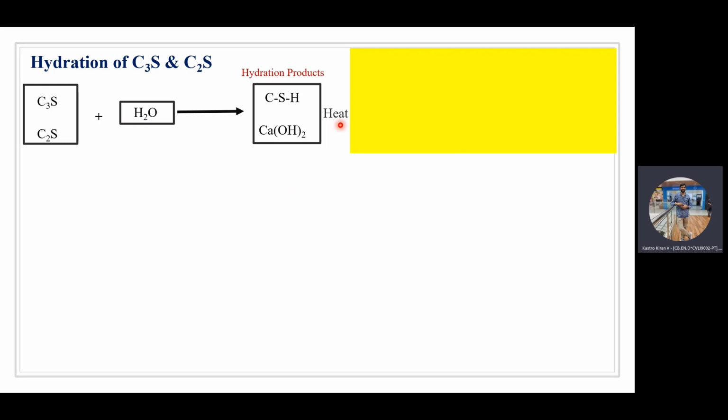When C3S comes in contact with the water, it forms calcium silicate hydrate. And when C2S comes in contact with the water, it forms a hydration product called Ca(OH)2, which is calcium hydroxide. Along with the calcium hydroxide formation, it also liberates a certain amount of heat. Remember, heat liberation is constant in any reaction.